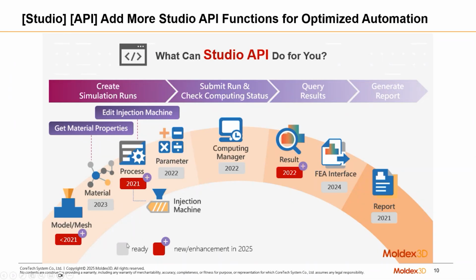From the modeling and mesh, from the process, and from the result interpretation side in creating the report, we've introduced a lot of new capabilities for the API, and you can go to our What's New on our website to get more details for what specific items have been added into the API. There's quite a few of them.